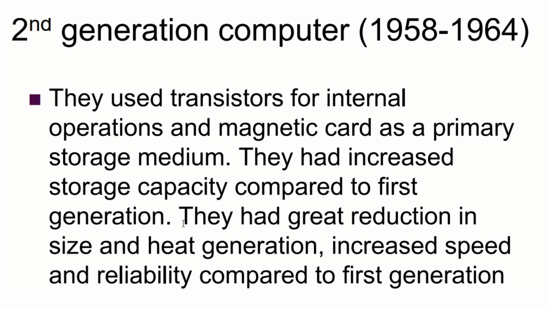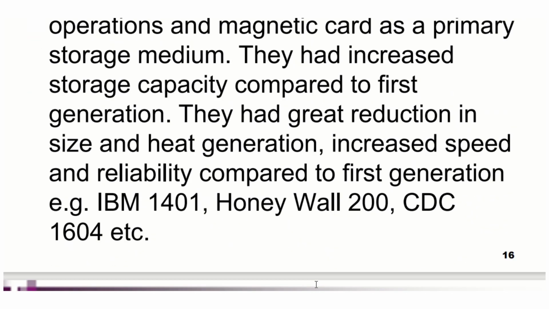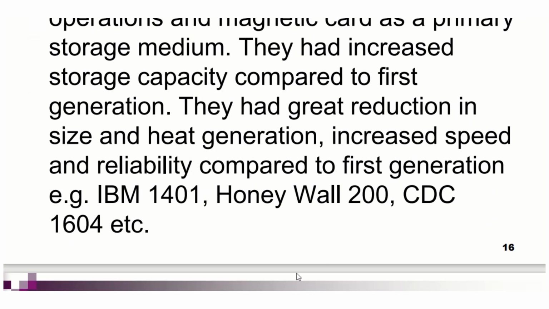Another characteristic of the second generation computer is increased speed. The speed in this case is the processing speed. And then they were more reliable compared to the first generation computer.